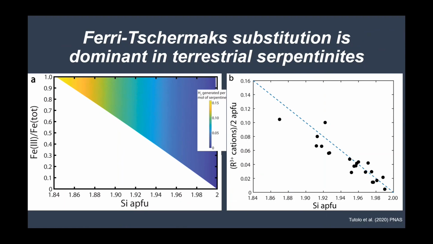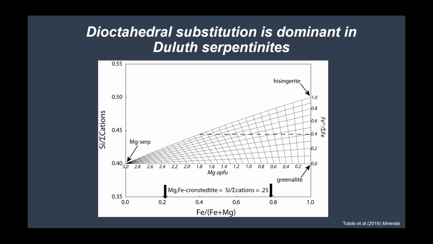So that is the dominant mechanism for oxidized iron incorporation into terrestrial serpentinites. And you might expect that that might be similar on Mars, but our results tend to disagree with that. So the dioctahedral substitution mechanism, this towards hisingerite end member substitution, is dominant in Duluth serpentinites.